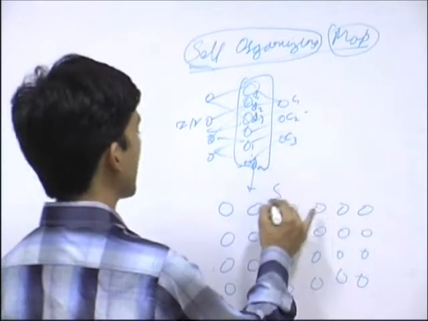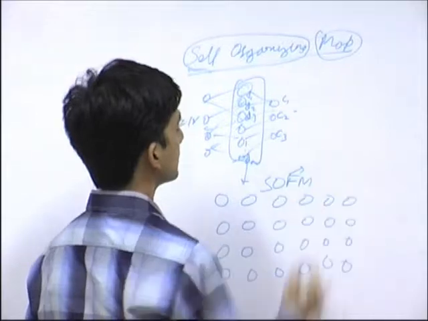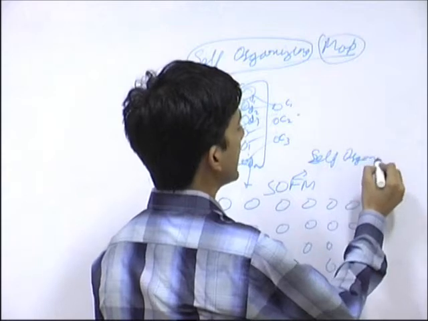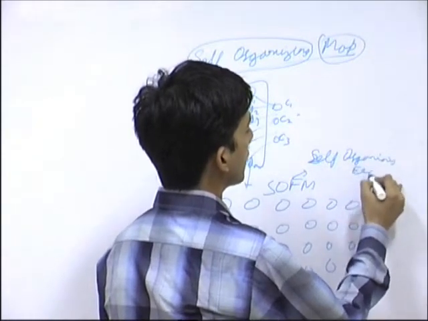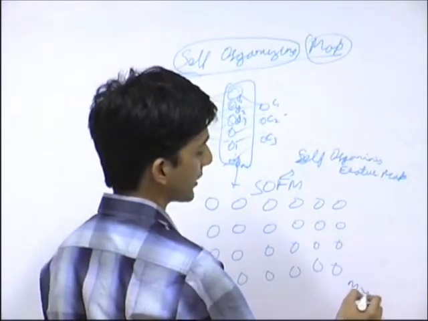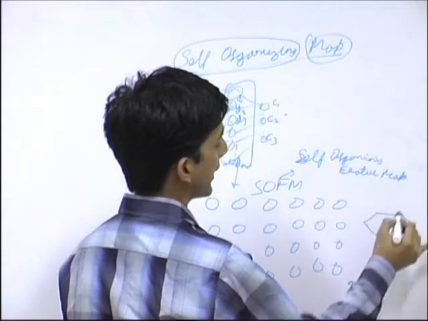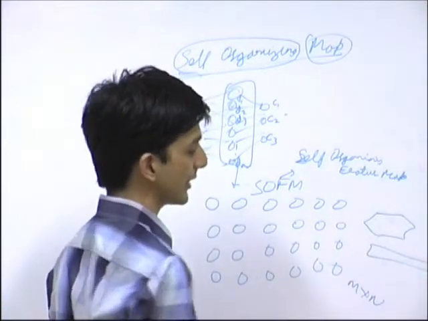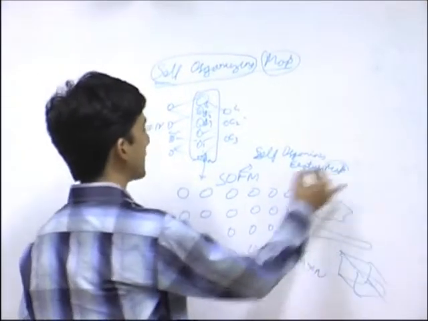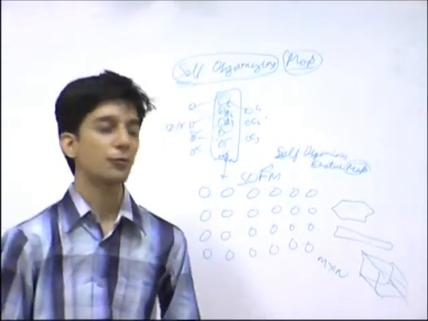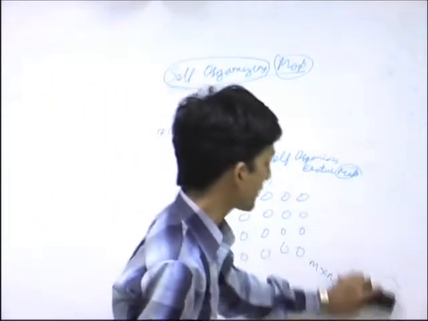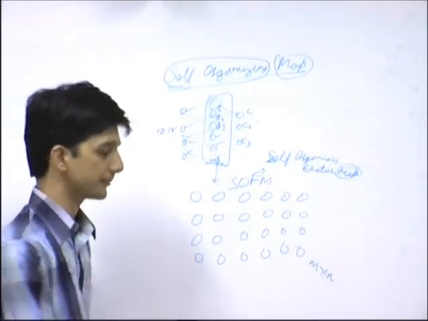This is what is known as a self-organizing feature map. Of course, it may not be in this manner, of course, n cross n. It can be in the form of hexagon rings, linear structures, or a three-dimensional map. So we have a very generalized meaning of the word map, but what it means is that there will be some kind of structure. What we will be dealing with is only this m cross n map over here.